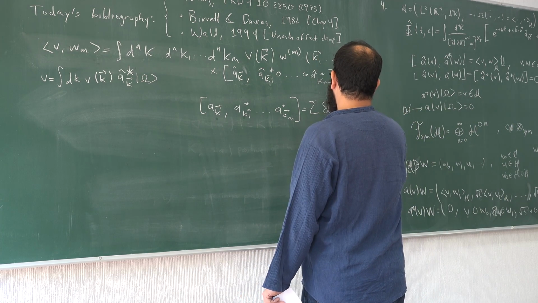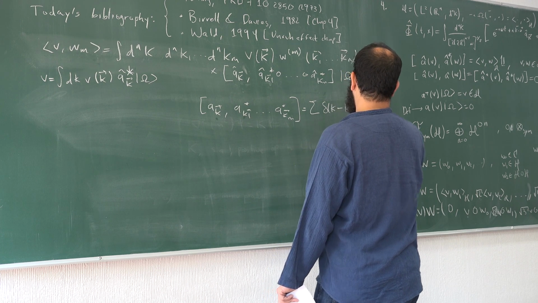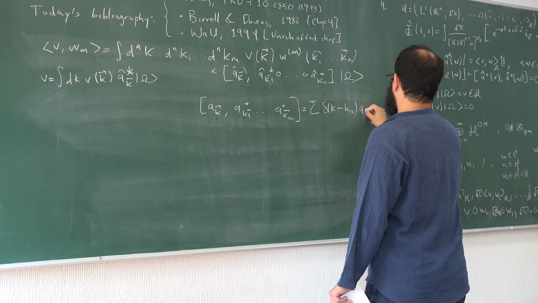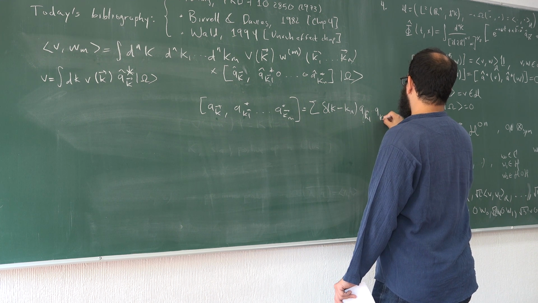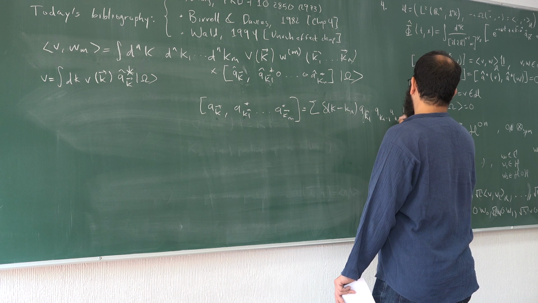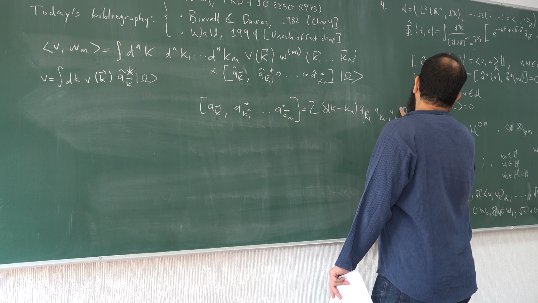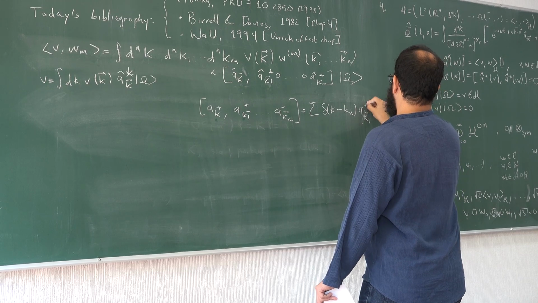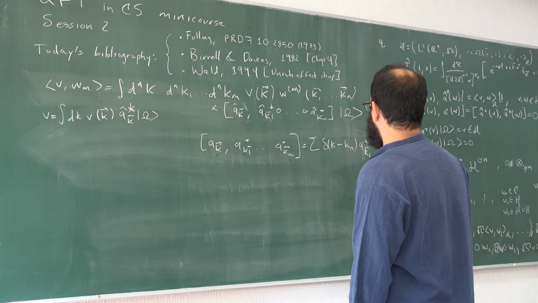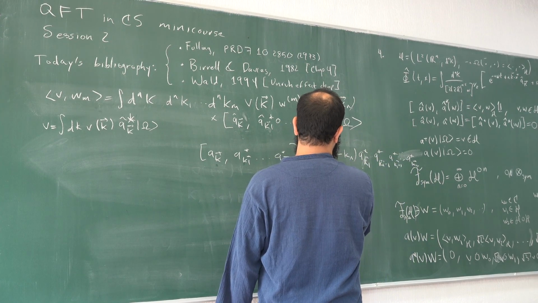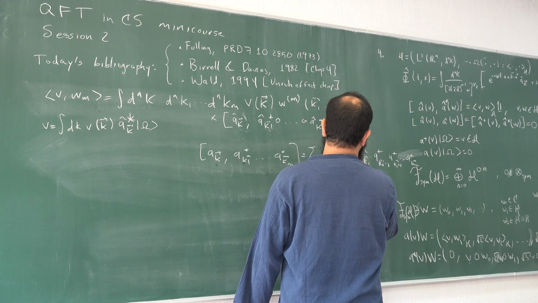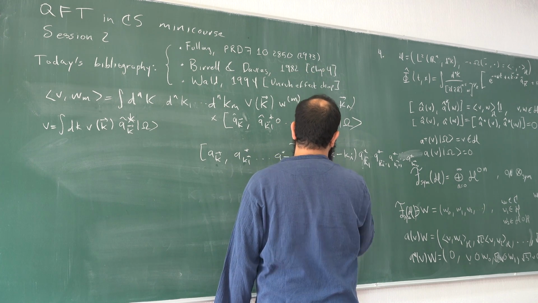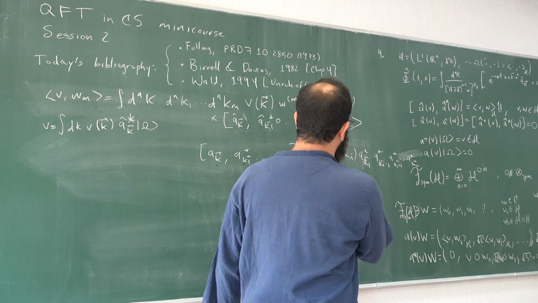And I get delta of k minus k_i, and I get a(k_1) dot dot dot a(k_{i-1}) a(k_{i+1}) dot dot dot a(k_m), and so on. I'm going to do this for every value of i from 1 to m, so it's going to hit every k like that.